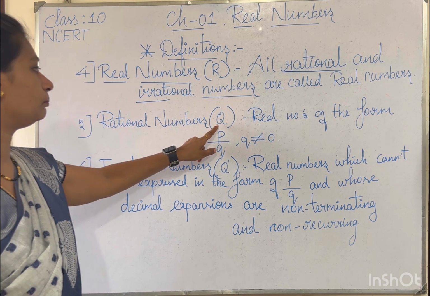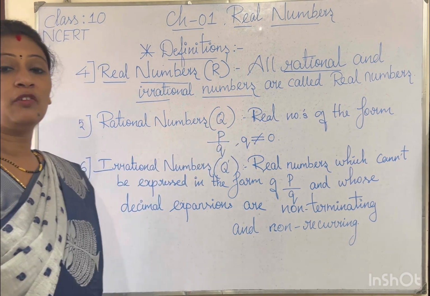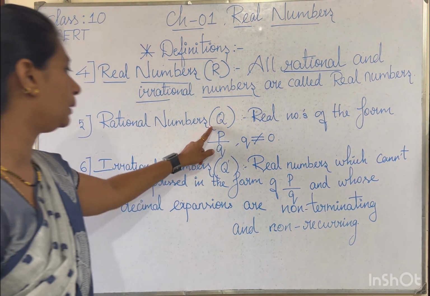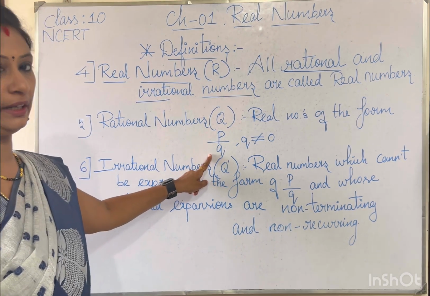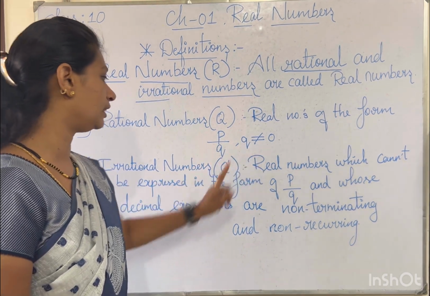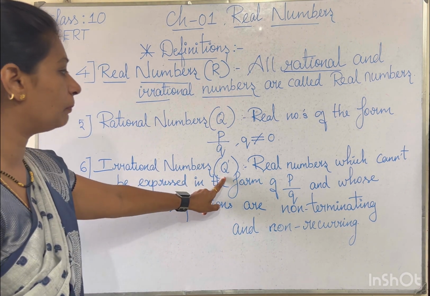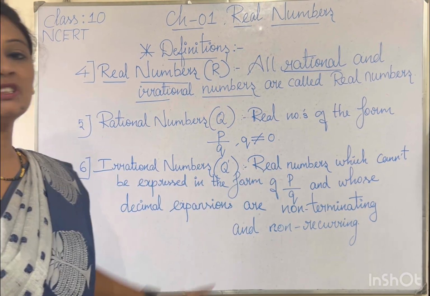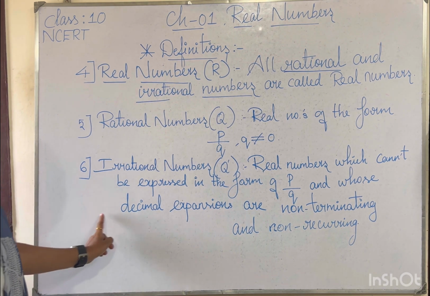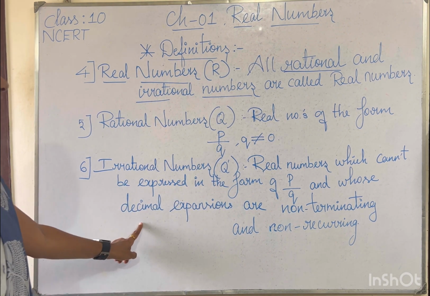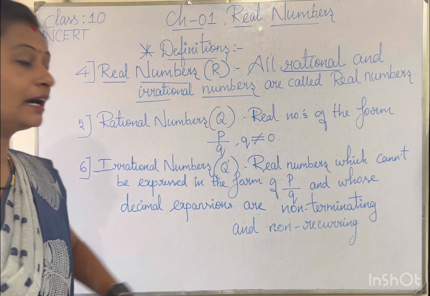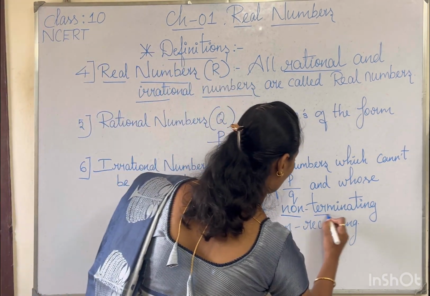It is denoted by Q, the number which can be written in the form p by q, where p and q are integers and q is not equal to 0. What is an irrational number? It is denoted by Q dash, a real number which cannot be expressed in the form of p by q, whereas the decimal expansion of the number is non-terminating, non-recurring.